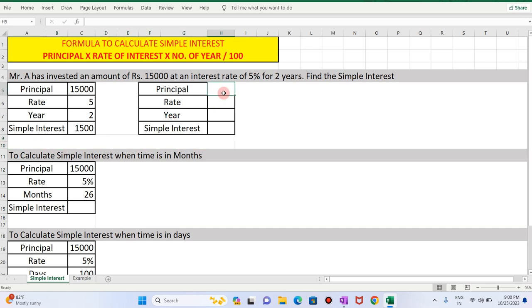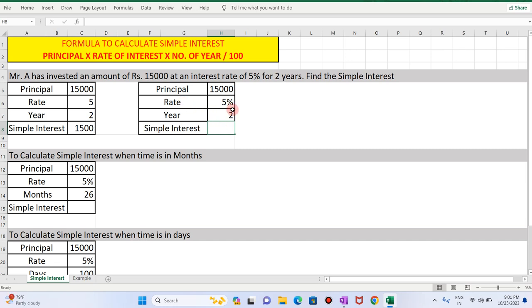The principal amount is 15,000. The rate of interest is 5%. In front of 5, I am typing the percentage sign. Here it is 2 years. Now see how you will calculate simple interest.